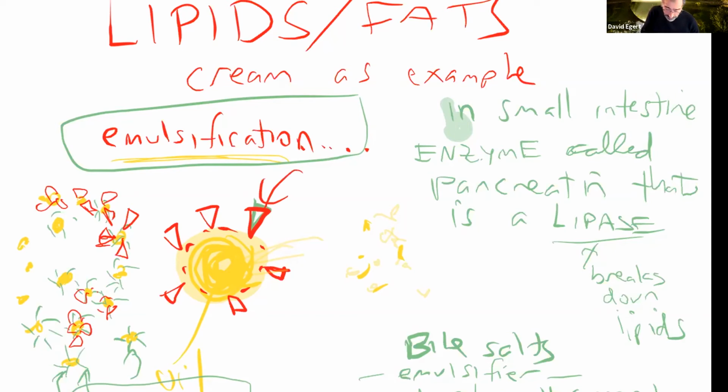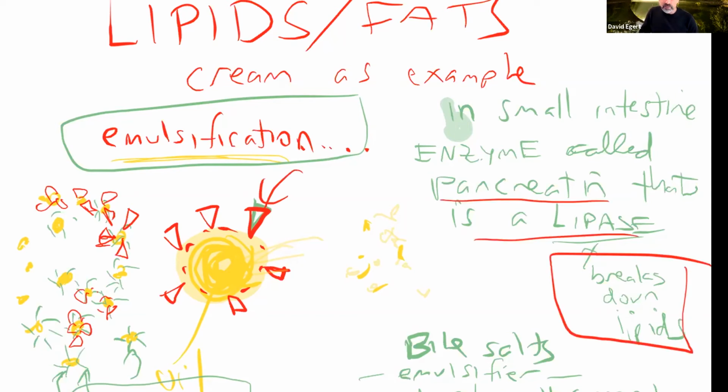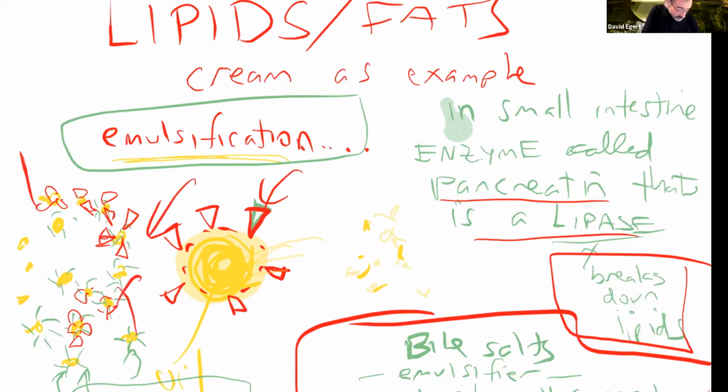Right, so pancreatin, a lipase, can break down lipids on its own, but if you use bile salts along with it, you are going to have so much more surface area to access. It's going to be so much better, right? Does that make sense?